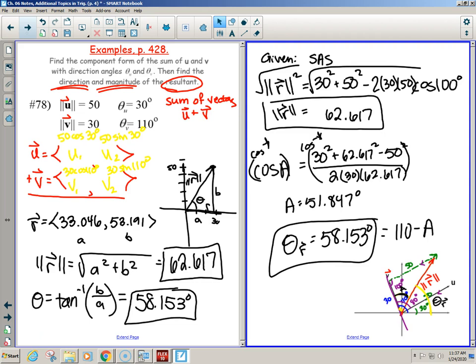So the problem is if you have more than 2, as soon as you introduce a third or a fourth or a fifth, all of a sudden you would have to keep track of triangle upon triangle upon triangle upon triangle. Because it's not just one triangle. Only 2 vectors added together will be a law of sines, law of cosines. As simple as that. But anything more advanced, we would just break them all down into little baby right triangles.